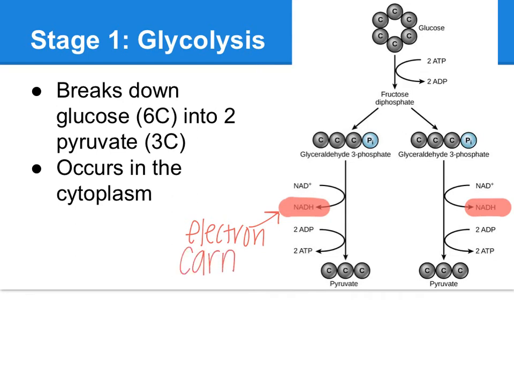So these are electron carriers. And if you also notice, we get 2 molecules of ATP on each side and up here too. So we're getting ATP out of here, and we're getting an electron carrier to use later on down the road.